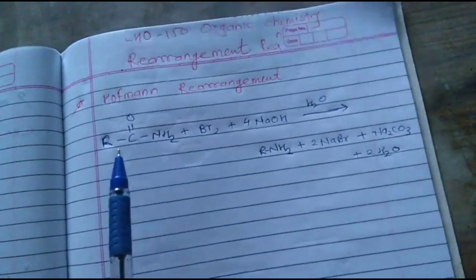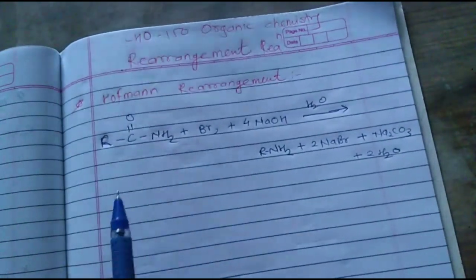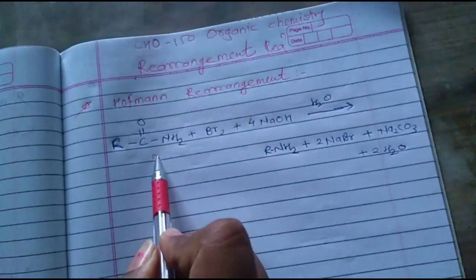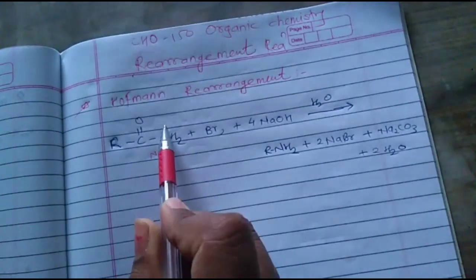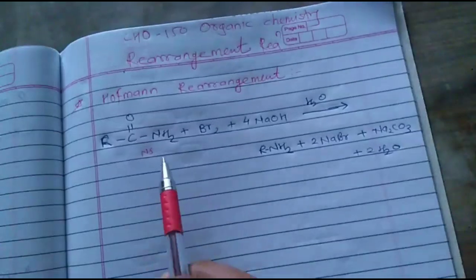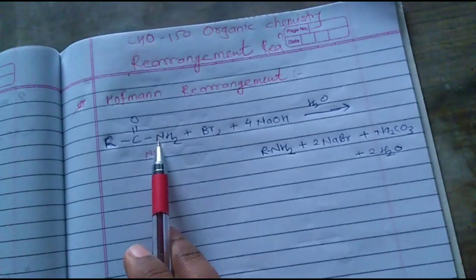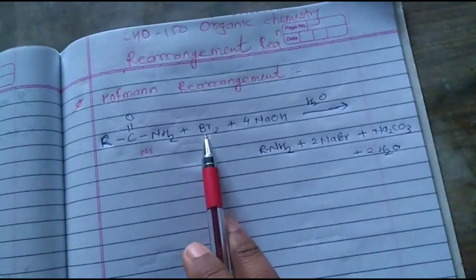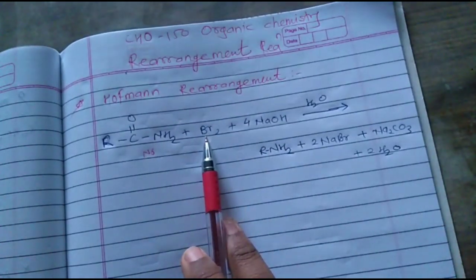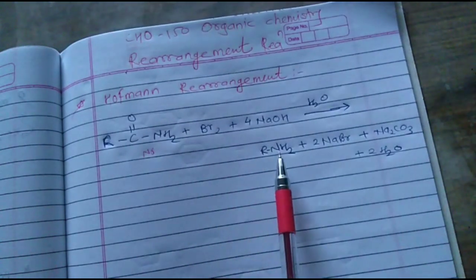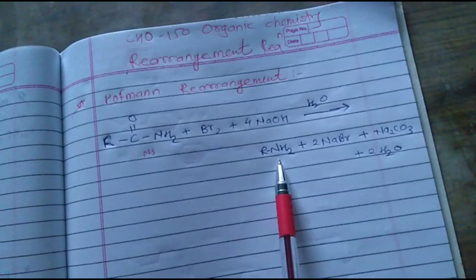In this reaction, the amide with no substituent on the nitrogen reacts with a solution of bromine or chlorine in the presence of sodium hydroxide, which yields amines.